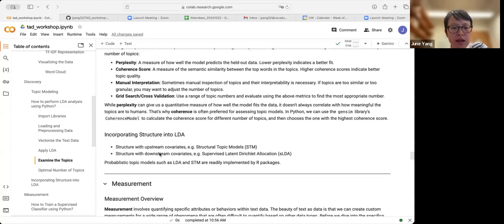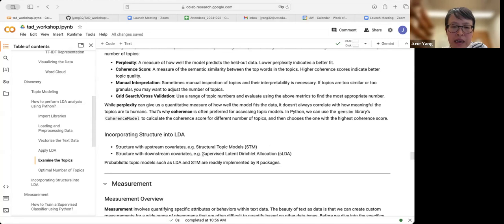We might also consider some structure with downstream covariates. For example, you have this matrix of topic probabilities, but we are interested in learning whether these topics can be used not only to maximize the data generation process, but also to predict an outcome variable that I have. Note that we cannot manually use the results of LDA to directly predict an outcome variable in our data set.